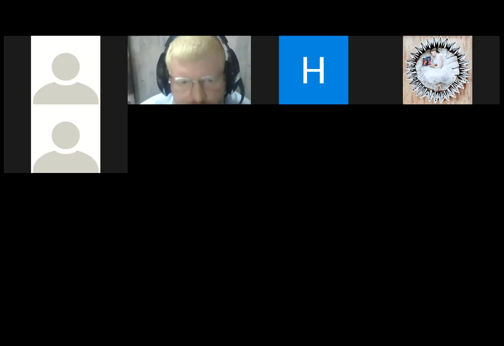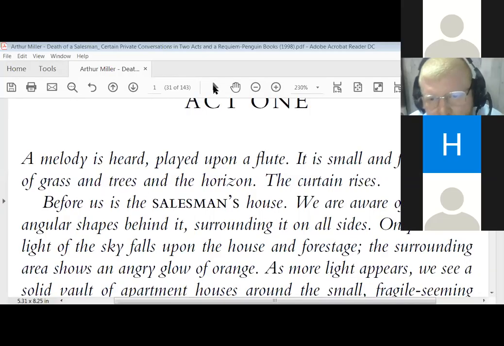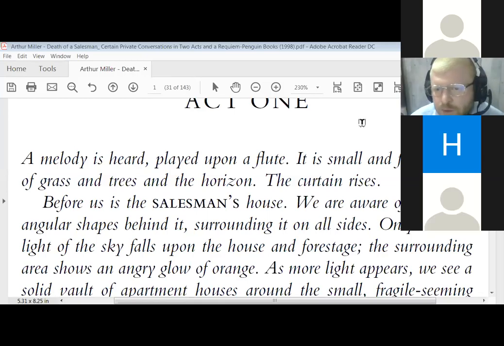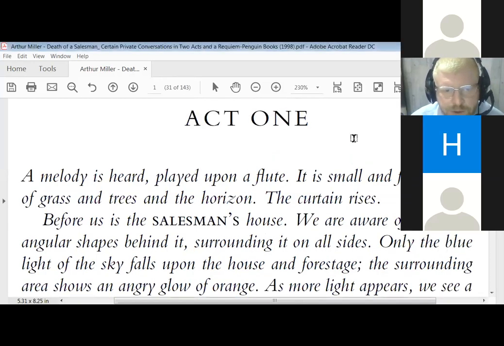So please, if you could stop making these annotations. Okay, so this is the text of the play. Can you see it?